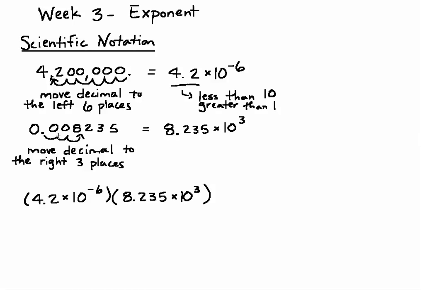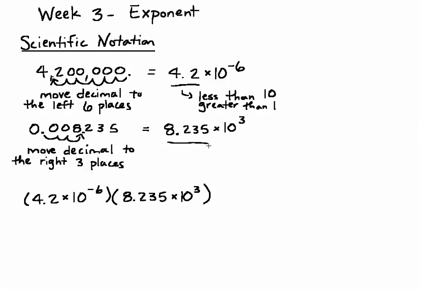Once we move to the right 3 places, we've got our decimal to the right of our first non-zero digit, 8. So we have 8.235, which is less than 10, but greater than 1, so that's correct. And then our exponent is the number of places we move our decimal. We moved it to the right, so it's a positive 3 this time.